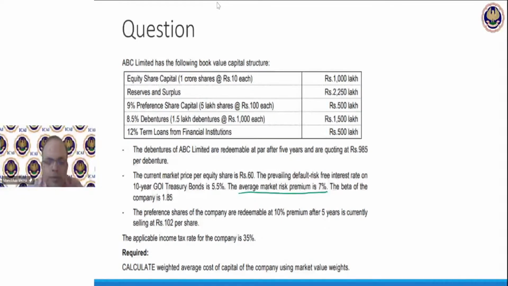Of course. I hope everyone is okay. We should do that. Hence, can we calculate the cost of debt first using the formula we know? They're talking about redeemable at par after 5 years. And they're not talking about the YTM method here, I guess. So what will be the cost of debt?